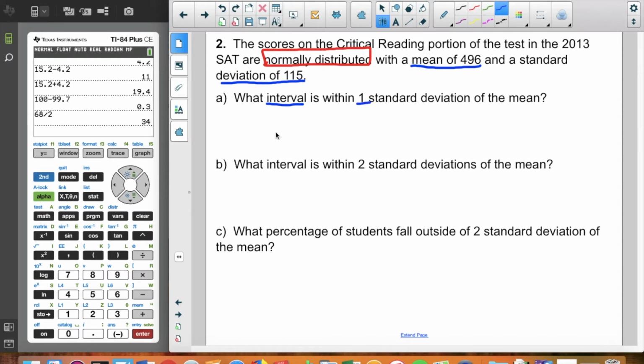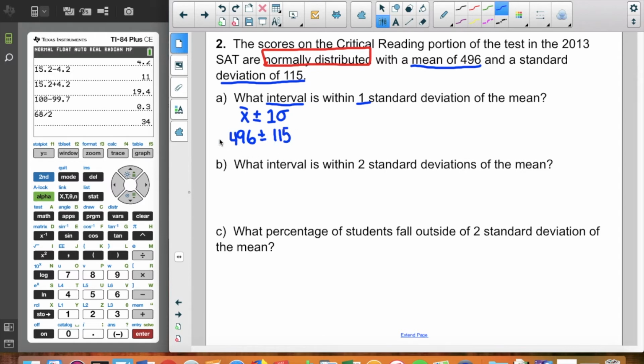So within 1 standard deviation, we have the mean. Now you can use either the x bar or the mu, plus or minus 1 standard deviation. So our mean, we said, was 496 plus or minus 1 times 115, which is just going to give us 115.